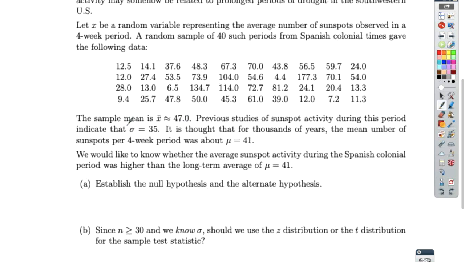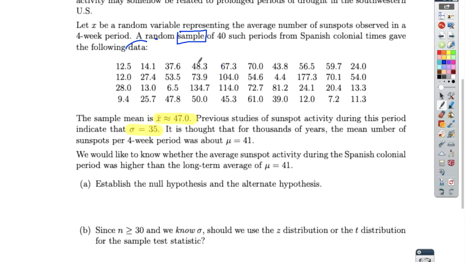Previous studies of sunspot activity during this period indicate that the population standard deviation is 35. Let me stop right there for a second. Notice this is a sample of data. We've got 40 data values in our sample, and they gave us the sample mean.